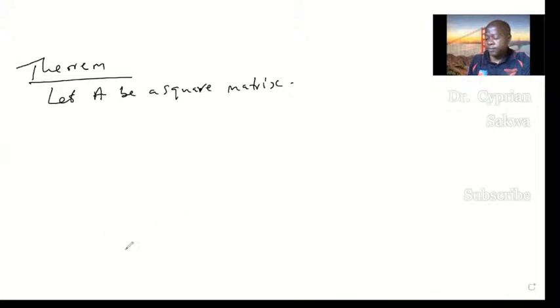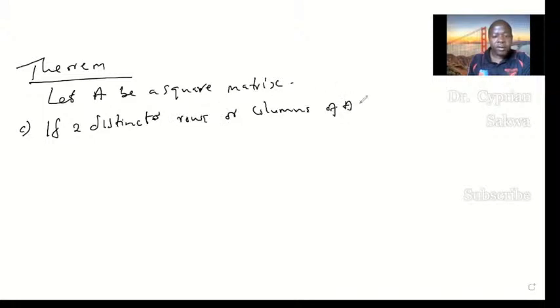Part C says if two distinct rows or columns of A are identical, then matrix A would have a determinant equal to 0.